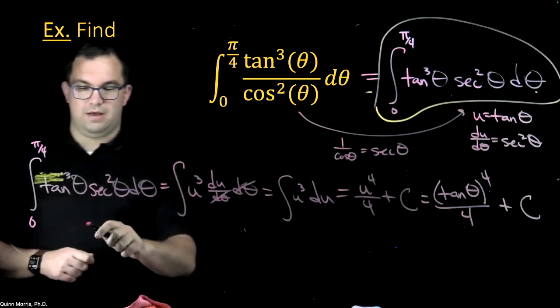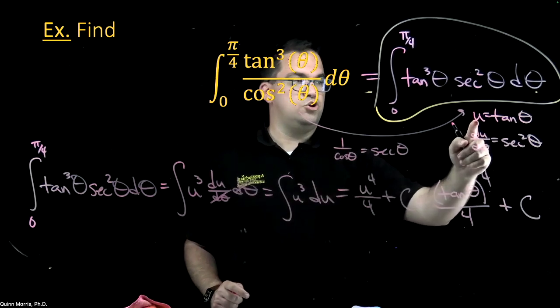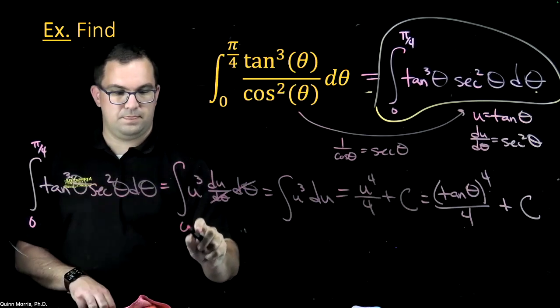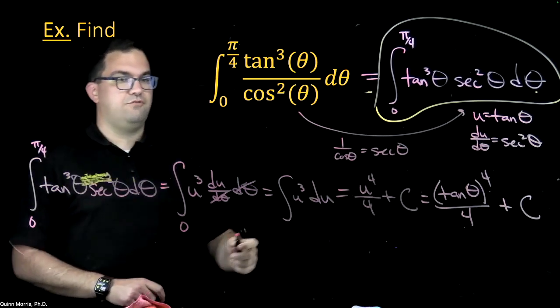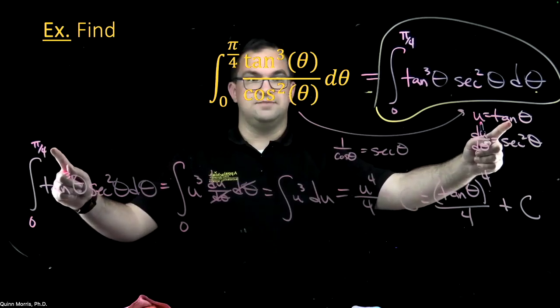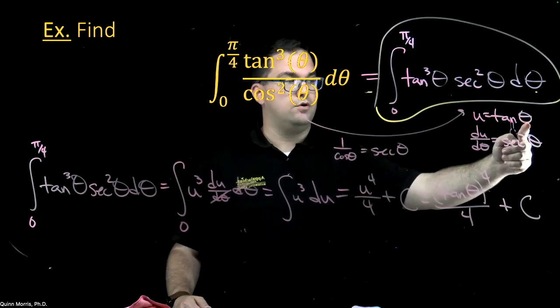And so how do I do that? Well, if theta is 0, then u would be tangent of 0, which is 0. If u is tangent of theta and theta is pi over 4, then u is tangent of pi over 4, which is 1.